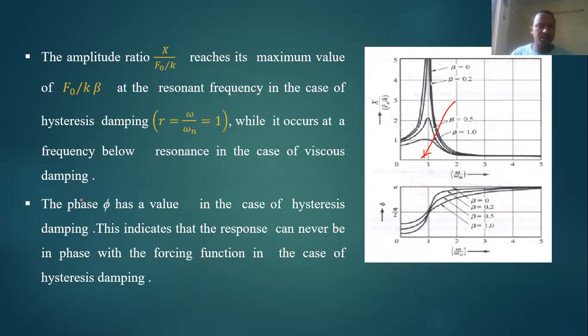This graph shows the phase phi in the case of hysteretic damping. This indicates the response can never be in phase with the forcing function in the case of hysteretic damping. And the hysteretic damping ratio is considered at r equal to omega over omega n equal to 1. That is the condition here.